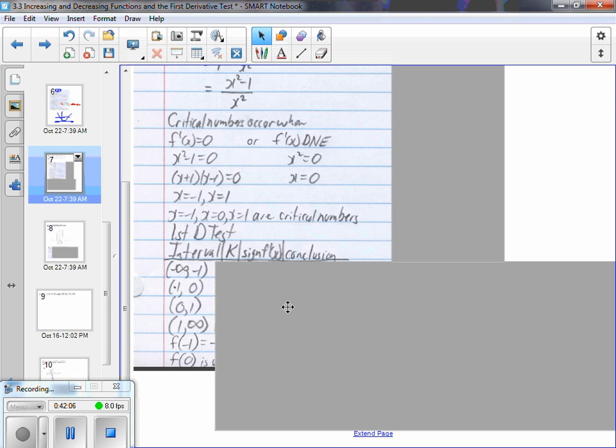So we got 4 intervals this time. So negative infinity to the first critical number to the second one to the third one to infinity. As long as they don't give you a closed interval, start at negative infinity.